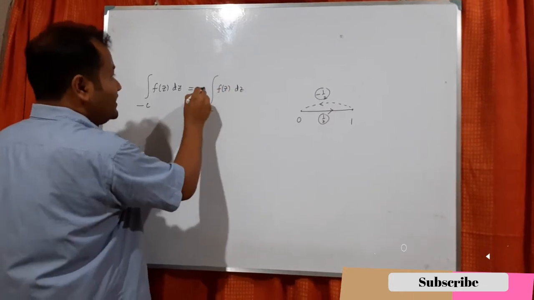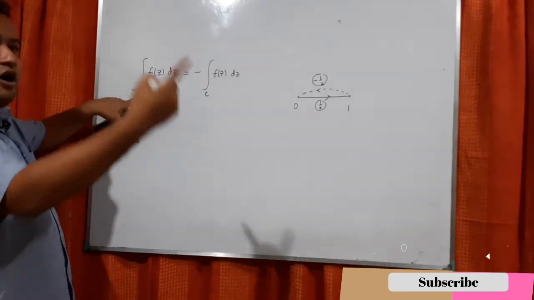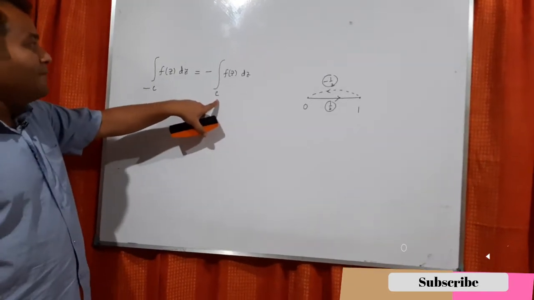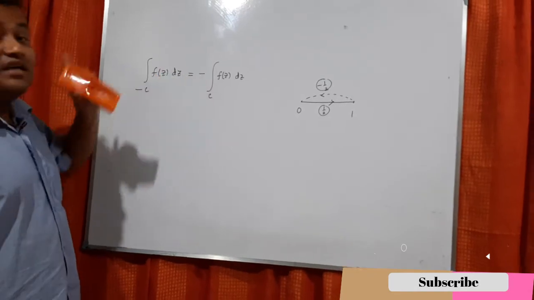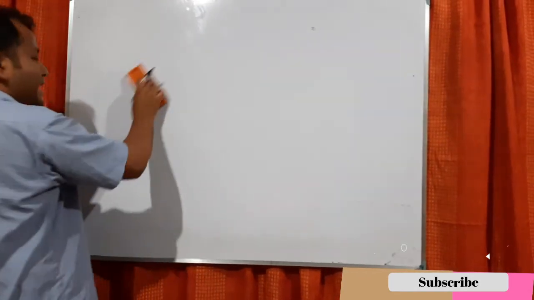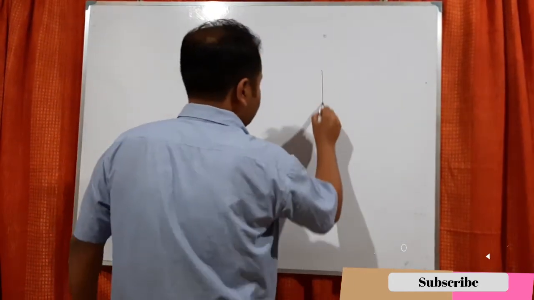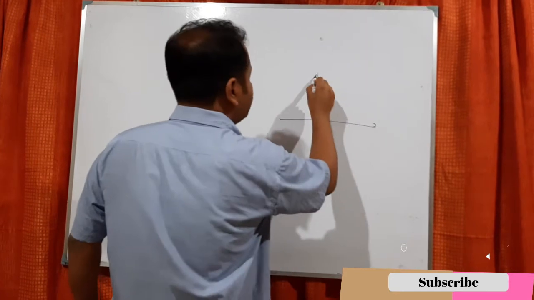So if you take the curve in the opposite direction, it will be the negative of the original integration. Now let us apply the previous formula. Say there are two curves, so there are two circles.